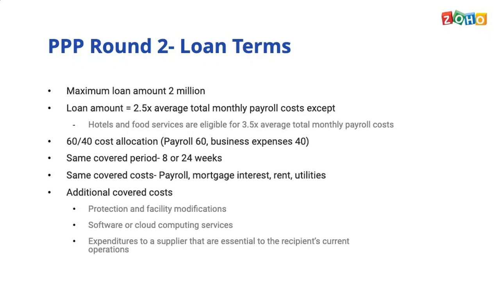What is also now considered a covered cost is software and cloud computing services. And this is kind of a broad one that they're saying is expenditures to a supplier that are essential to the recipient's current operations. So the way I take that is really anything you need to keep moving your business forward is a covered cost. What are your opinions on that, Val?